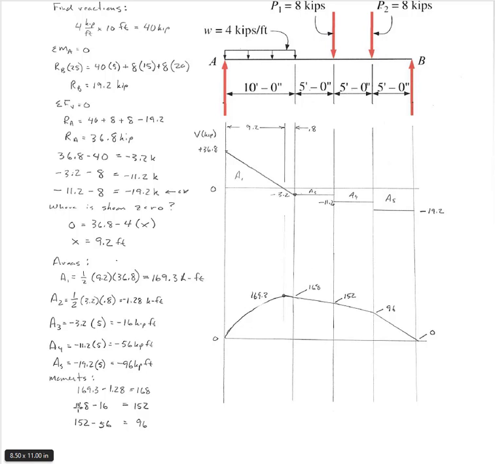The next one would be 168 minus 16, which is 152. The next point would be 152 minus 56, which is 96. And then finally, this A5 is negative 96, which means my bending moment goes down to 0.